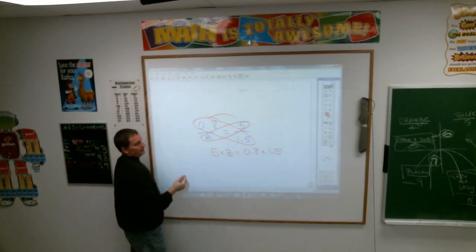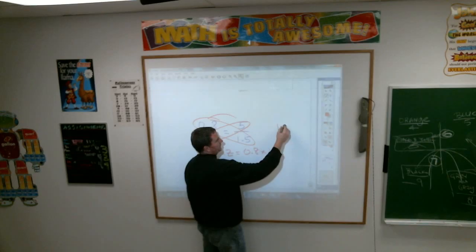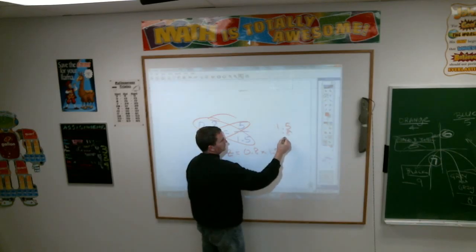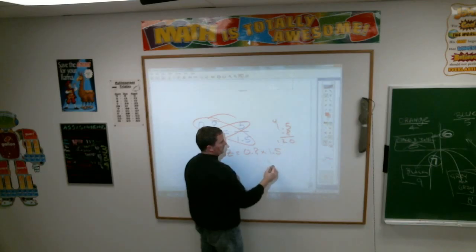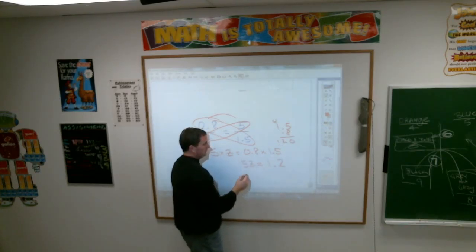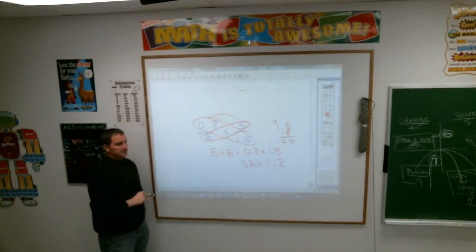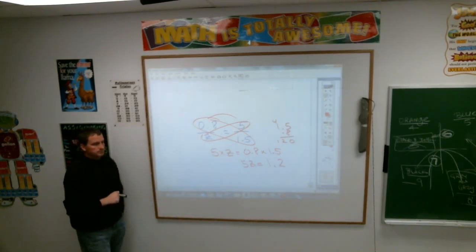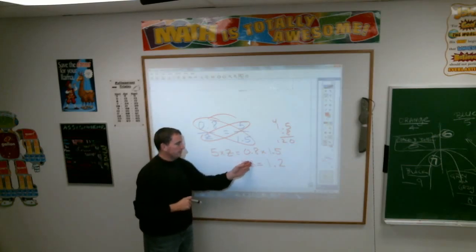What is 0.8 times 1.5? Well, we might have to actually do that. You actually get 1.2 equals 5z. And then what would be my last step there? Jacob?